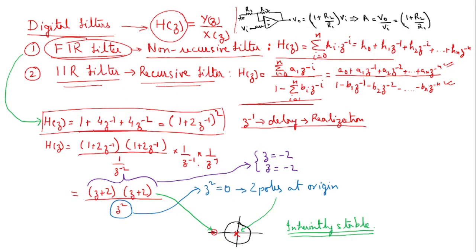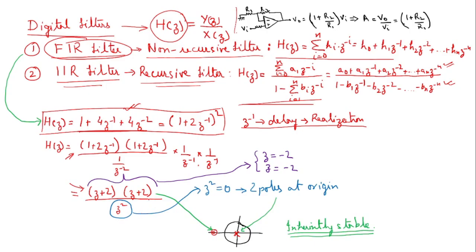So let us take this transfer function to be H(z) equals 1 plus 4z inverse plus 4z to the minus 2, and then you can represent this equation as (1 plus 2z inverse) whole square. So we get H(z) equals (1 plus 2z inverse) multiplied by (1 plus 2z inverse). Then multiply and divide with z to the power minus 2, and when you do that, you get in the numerator (z plus 2) multiplied by (z plus 2), and in the denominator you get z square.